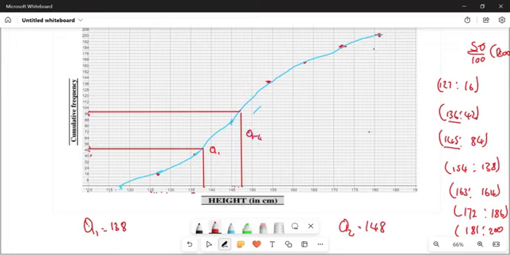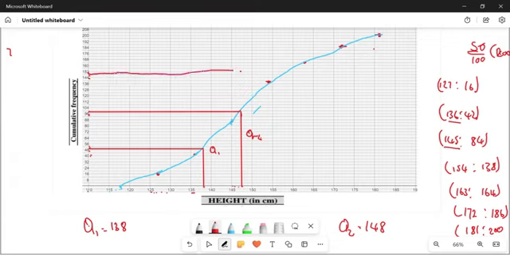Okay, let's go to the last one then. Q3. What is going to be the position of Q3? It's 150.75. Okay, let's look for 150 here. This one is 144. And then what do you get in between? 148. So 150 is in between 148 and 152.